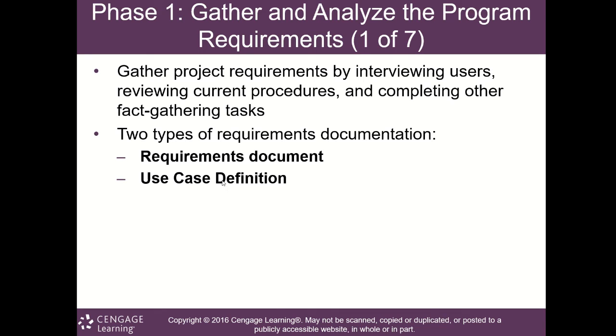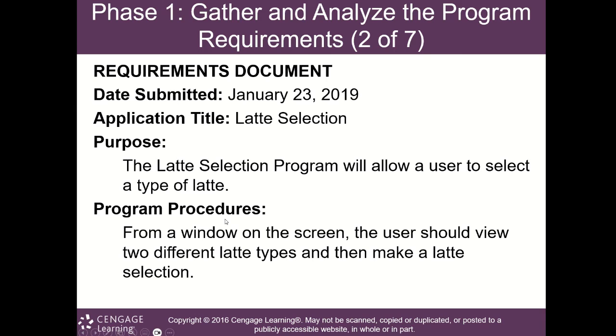Okay, so two types of requirement documentation are created. Number one is simply a raw requirement document, and number two is the use case definition. The requirement document can follow this type of naming convention. It starts with the date submitted, application title, purpose, program procedures.